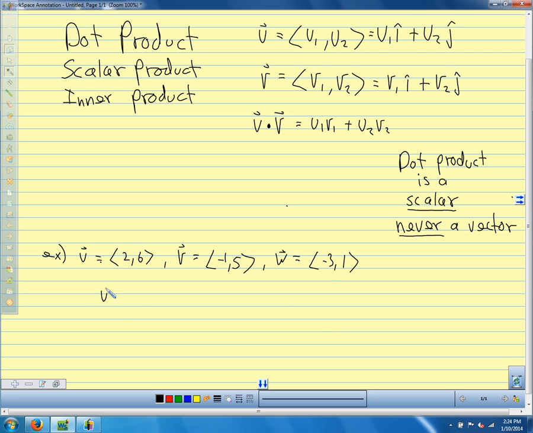So we want to find u dot v. We multiply the x components, 2 times negative 1, add it to the y components multiplied, 6 times 5. So I get negative 2 plus 30 equals 28. So the dot product of these two vectors is 28.